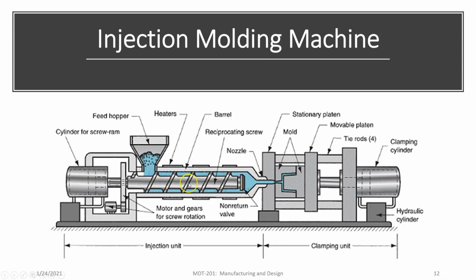And then the screw thread is going to push the molten plastic into the mold. So you can see it coming in here. It's going to go into the mold. When it's done, the mold is going to open up, and then there are going to be ejector pins that are going to push out the object.